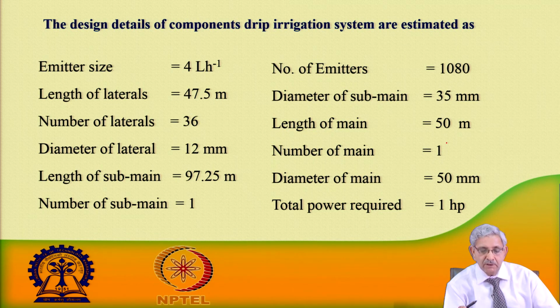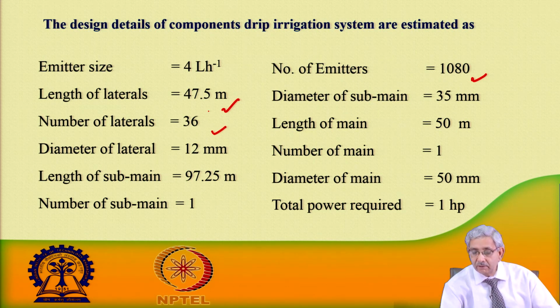We have taken the emitter of 4 liter per hour, and the total number of emitters required is 1080. The length of one lateral is 47.5, and the total number of laterals will be 36. So, one can calculate the total length of pipeline needed: 36 into 47.5 gives the total length of the laterals, which are of 12 millimeter diameter.